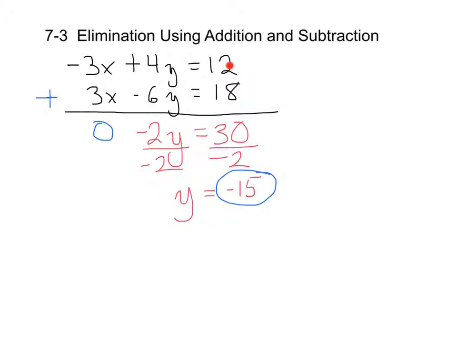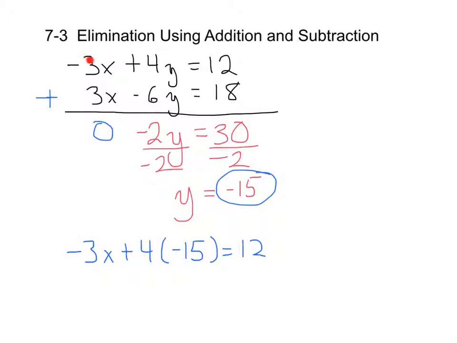This one looks a little simpler, a little smaller numbers, so I think I'm going to go with the one on the top. So I will then take my first equation, negative 3x plus 4, but instead of writing y, I'm going to write negative 15 is equal to 12.